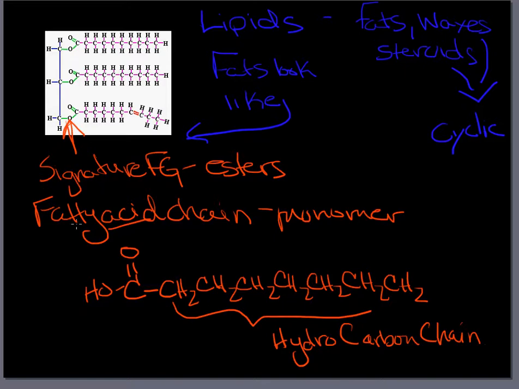If we did a condensation reaction, this could possibly be the hydrogen that comes off. And what you see sticking out over here, that long stick piece right there, that is called glycerol.